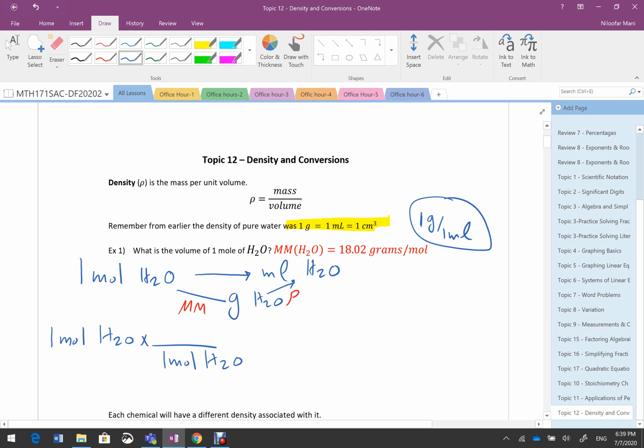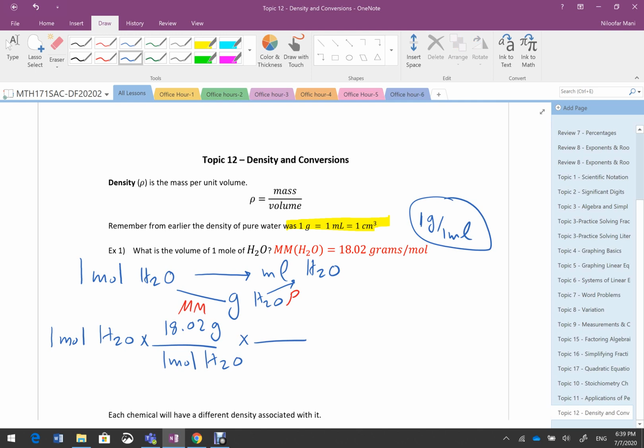So 1 mole is 18.02 gram. I can just write G here, and it depends on what I have. Here I have mole, I want to cancel mole and bring gram, so I write gram up.